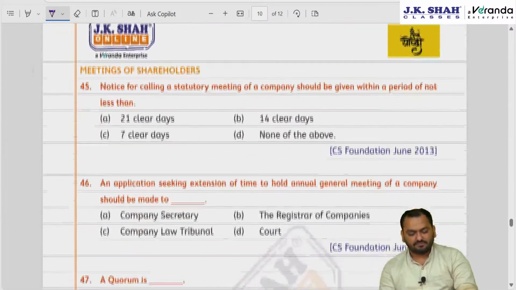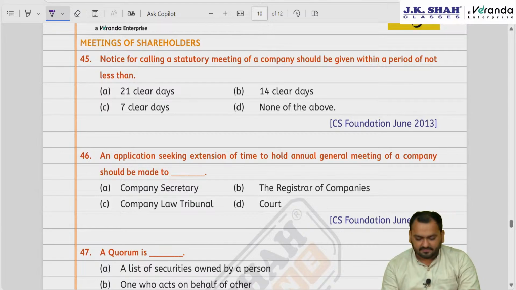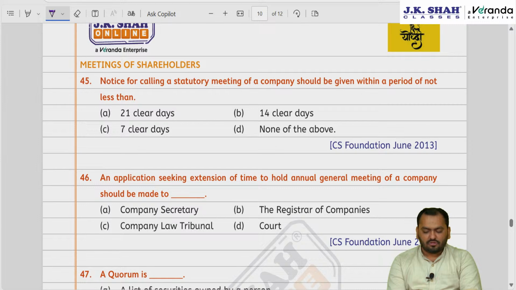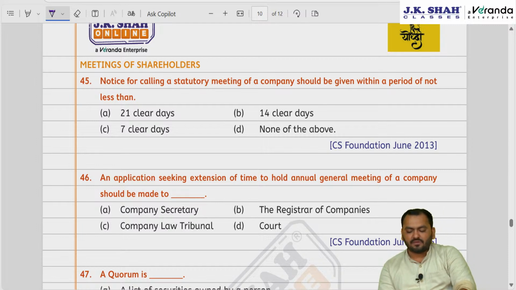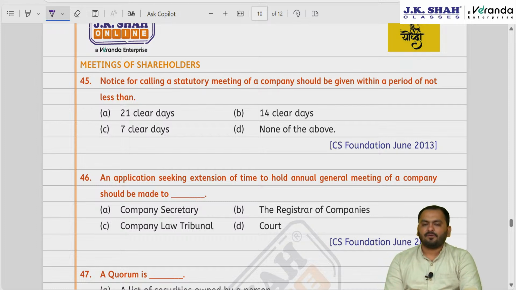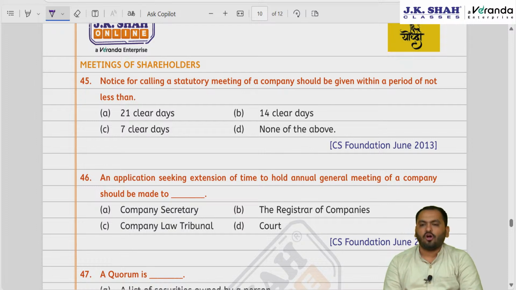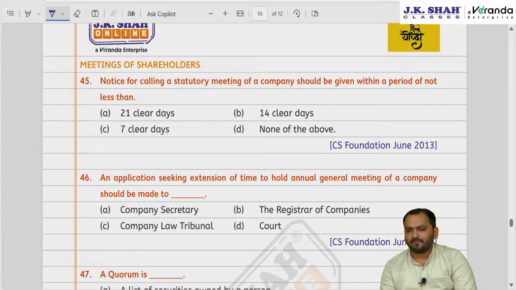Next question is about the meetings. Notice for calling a statutory meeting of company should be given within a period of not less than dash. How many days prior notice is required to be given to call a meeting of company?